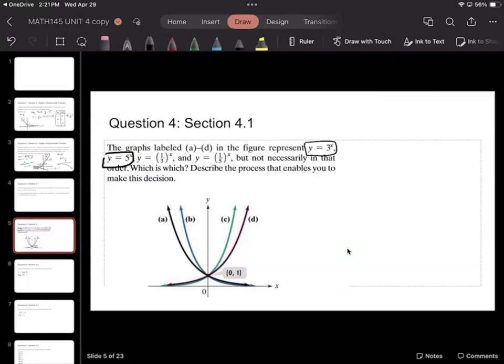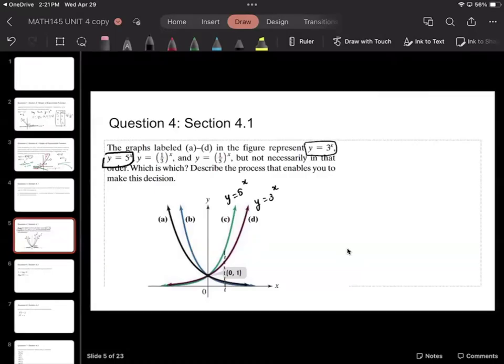Now, out of that, which one do you think grows faster? If you look at some x value, suppose this is an x value that I'm looking at. The corresponding y value for green is obviously more, correct? So that means this is the graph of 5 to the power of x, and this is the graph of 3 to the power of x.